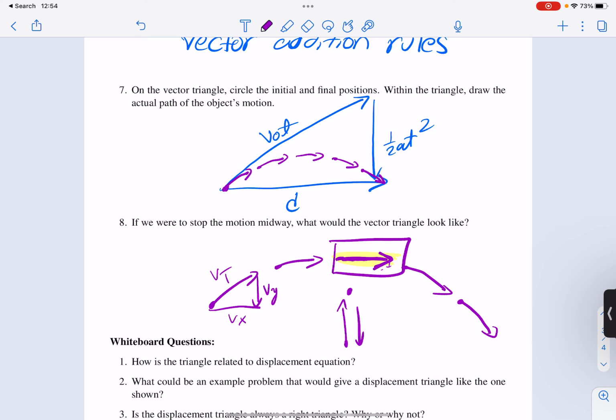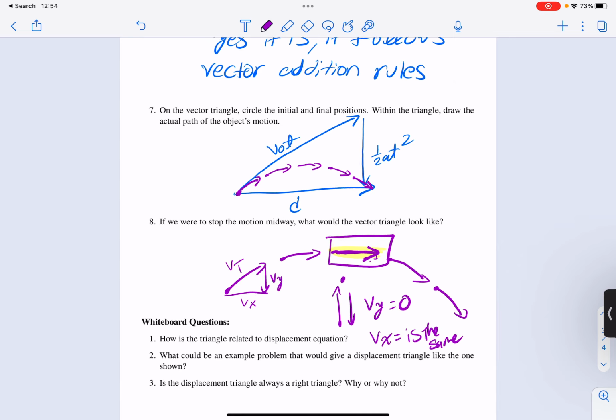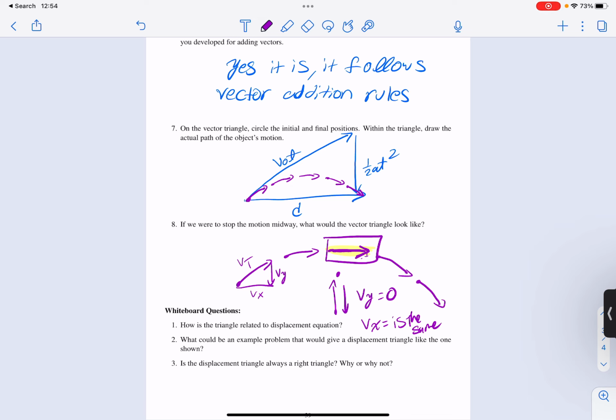It's still moving in the x direction. It's just not moving up or down in that moment. At the top, the velocity in the y is 0. But the velocity in the x is the same, because nothing was slowing it down. Okay? And then at the bottom, you can make your own rules.